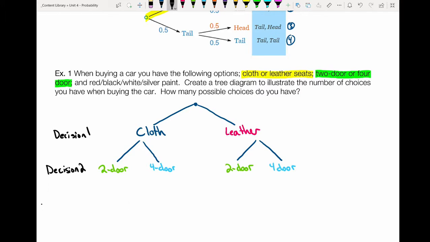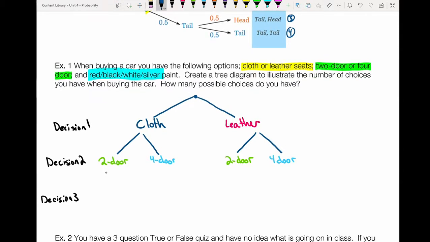And finally, the third decision we have to make is the type of paint, or the color. Under each door, I have 4 options, and those options are red, black, white, or silver.